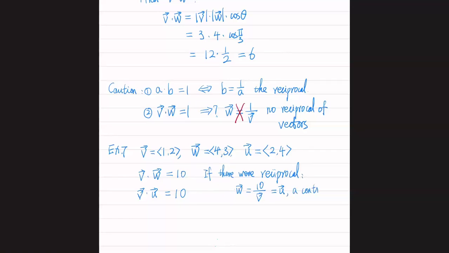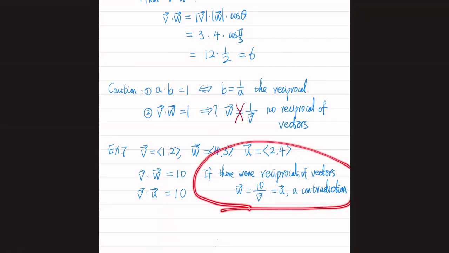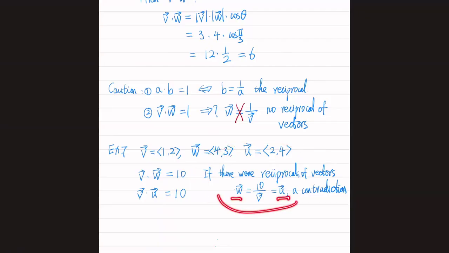Wait, what do you mean by ridiculous? So V and U are clearly different. If they were reciprocals of vectors, then we would have something strange: the two different vectors turn out to be the same.